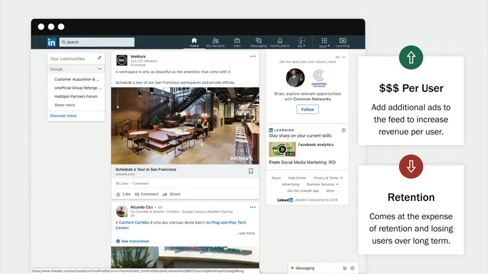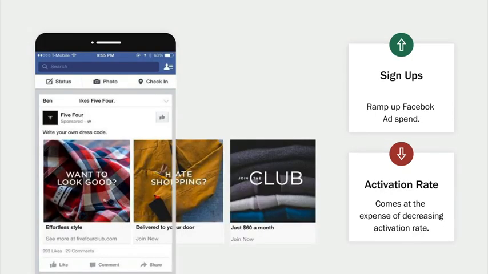We gave a couple examples: increasing the number of ads within the LinkedIn feed might hurt retention, or increasing the number of signups from Facebook ads might hurt activation rate. So we need to look at both sides of the coin, the success metric as well as the trade-off metric, to determine whether or not the experiment was a success or a failure. We can massively improve our success metric, but if we see our trade-off metric decline substantially as well, we might say that that experiment is a failure.